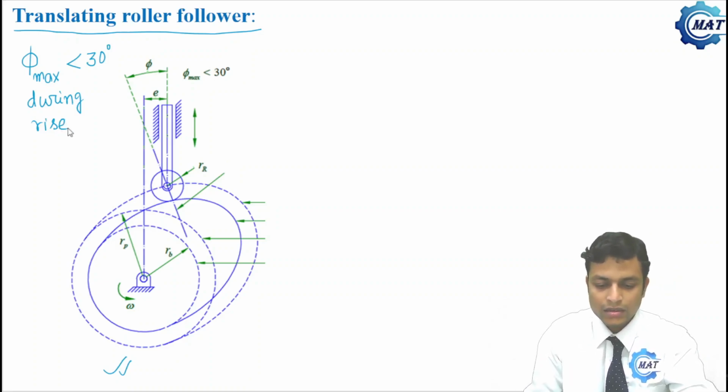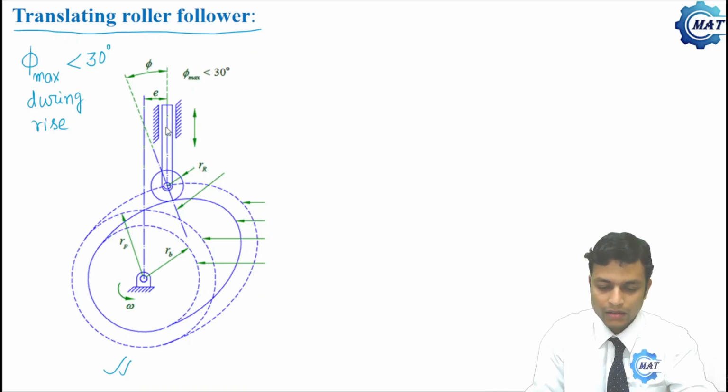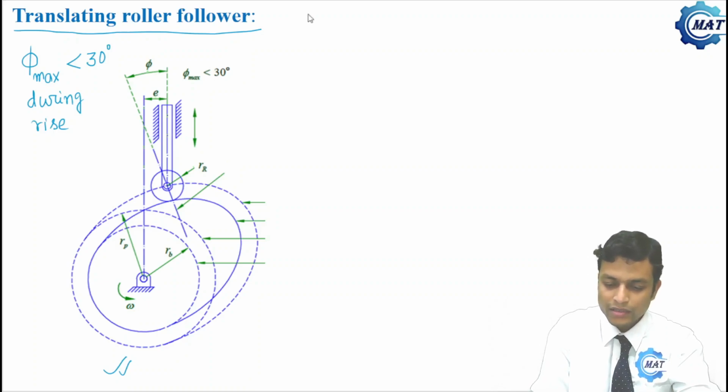Otherwise, there will be a tendency of jamming the follower in the sliding. So the value of phi must be less than 30 degrees. Let us first determine the expression of phi.